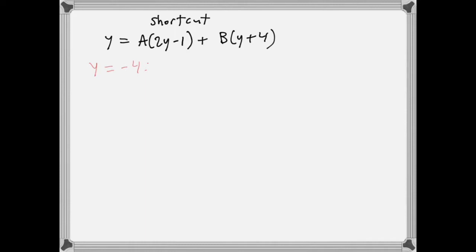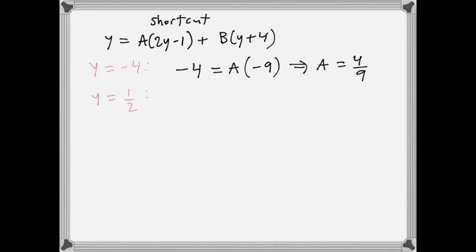If I let y equal negative 4, then on the left I get negative 4. And on the right, I get a times, if I plug in negative 4, I get negative 9, or a is equal to 4/9. Look at how quick we found that answer, right? And now, what else do I need to plug in? What can get rid of the left term? If you set 2y minus 1 equal to 0, y equal to a half would get rid of it, right?